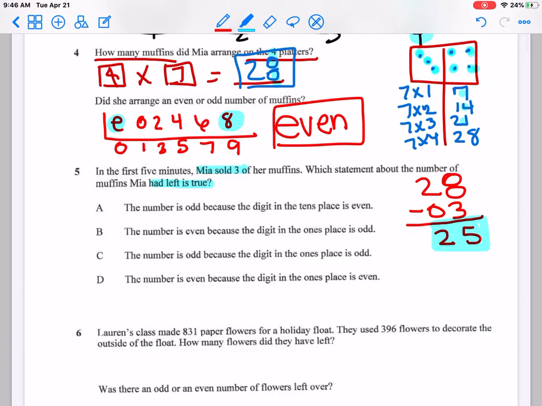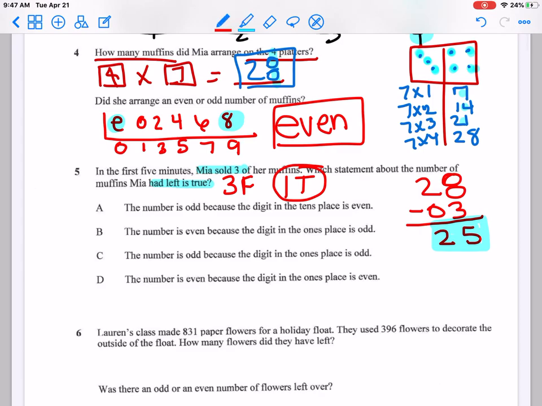And I want to know which one of these answer choices, which one of these statements is true, which means I am going to have 3 false, 1 true, and that true is my answer. Okay? So what else do I know about the number 25?